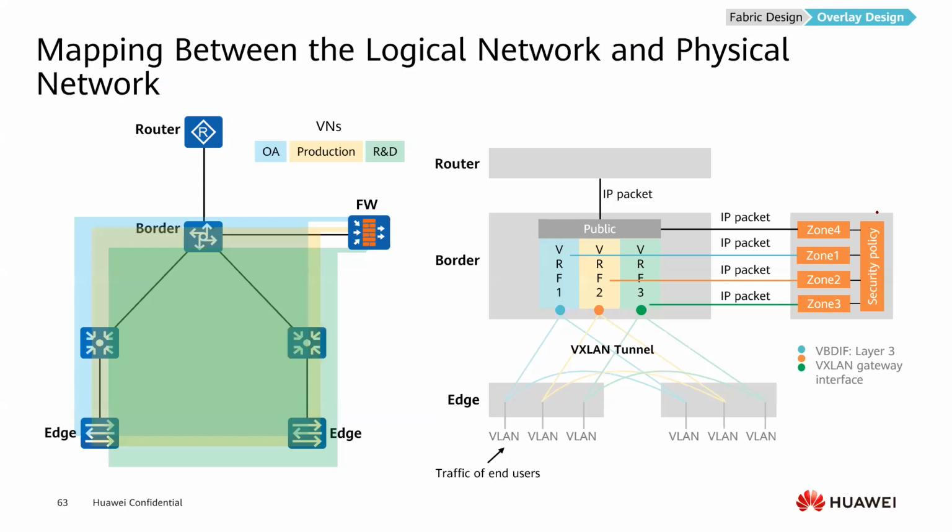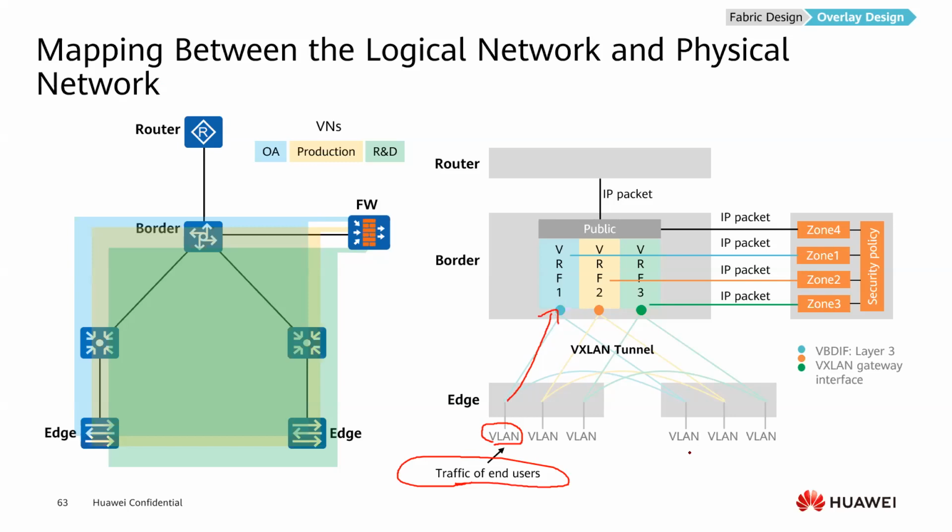And this is the logical network and the physical network mapping. This is the physical network, and for the logical one, it's just in the border. For different VNs, it just creates different VIFs, and for the traffic of users, they just find the VLANs, and the VLANs map to different VIFs, just to different VNs.